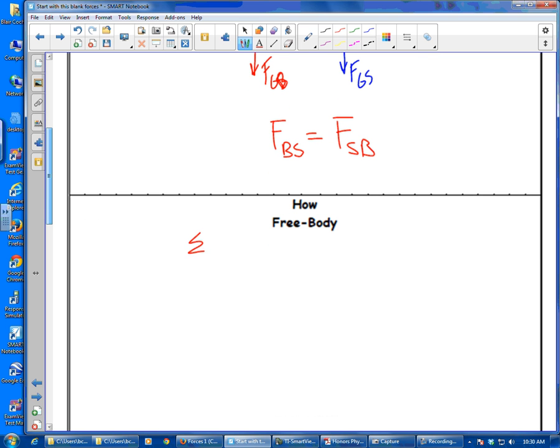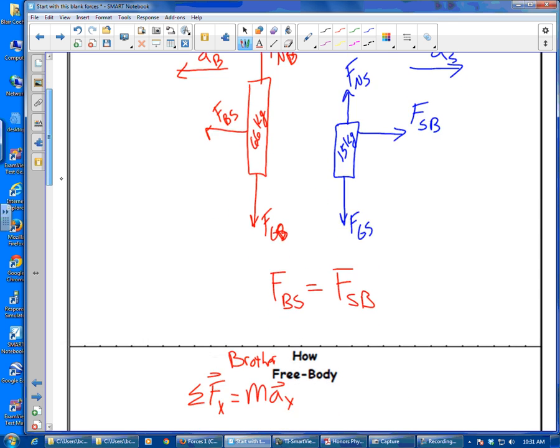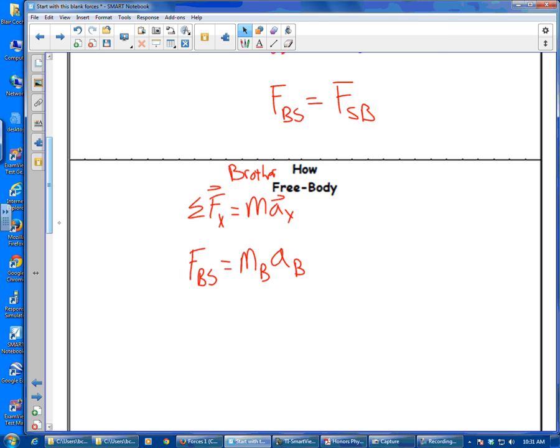All right? So, do the brother first. Sum of the forces in x equals MAX. And this is just the brother. The only force on him is F_DS. Then I'd have the mass of the brother and the acceleration of the brother. That'll be good.